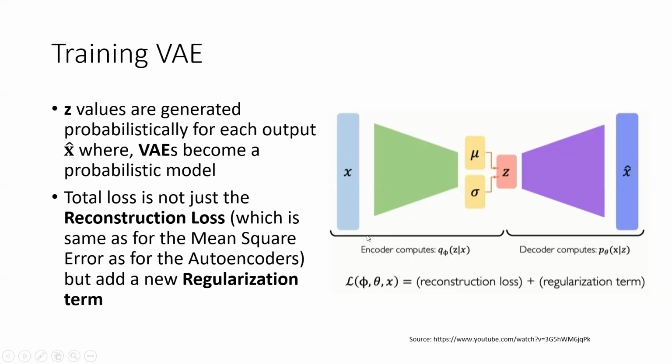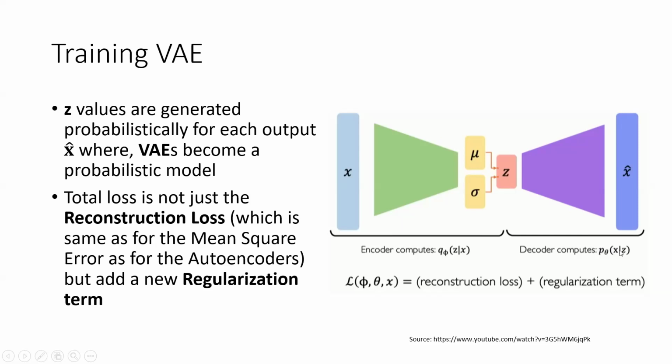So when the input x is given, what is the z value? That is how the encoder probabilities are calculated. For the decoder part, you can assume, what are the theta values? So theta values are the parameter values for this decoder, and phi values are the values for this encoder, right?